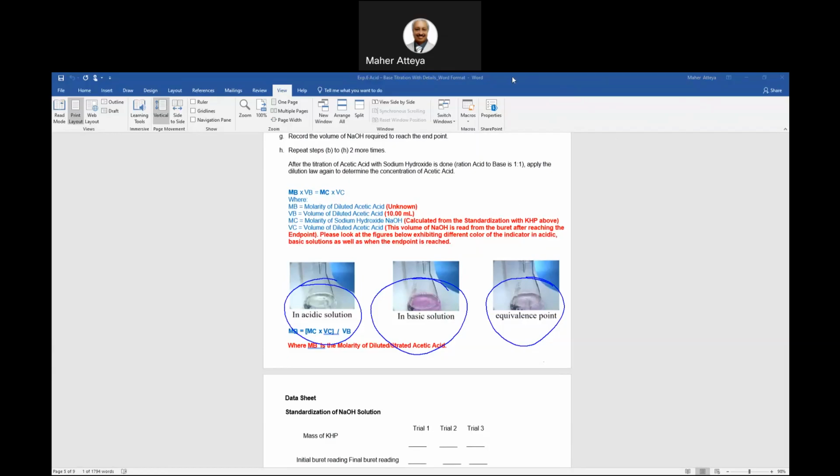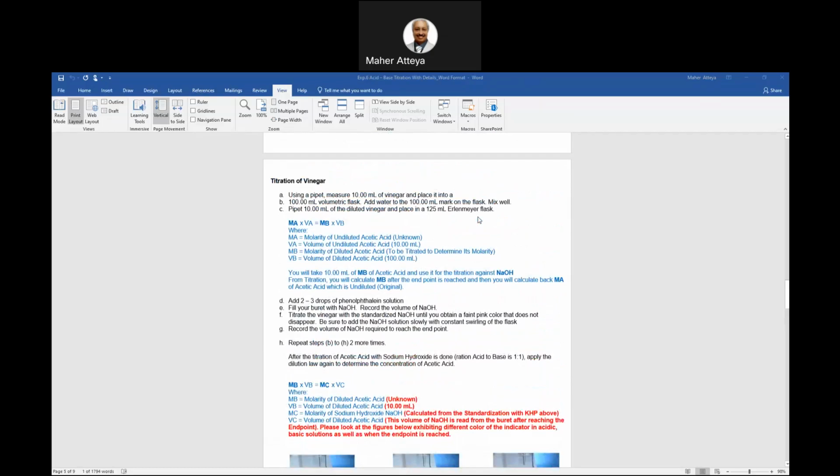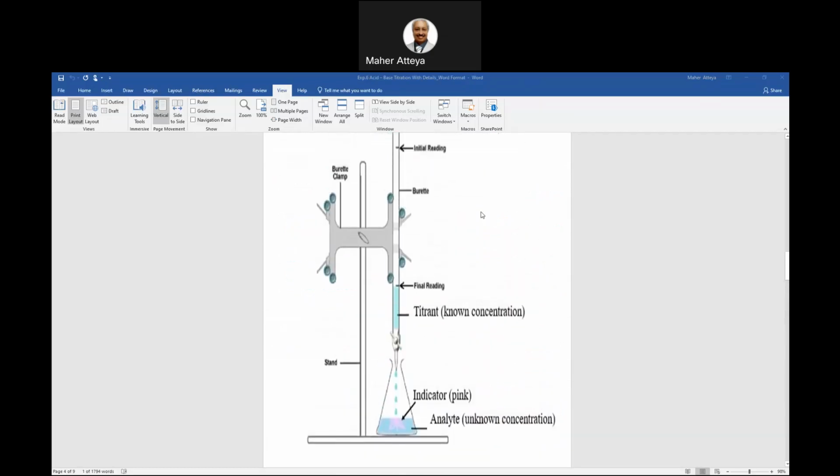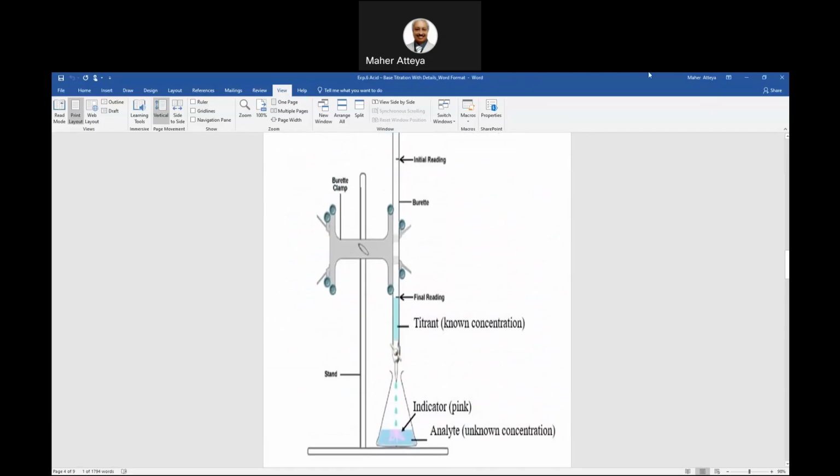So let's go and look at the whole setup here. What do we need? We need the burette. The burette is read from 0 at the top, down to 50 mL at the bottom.